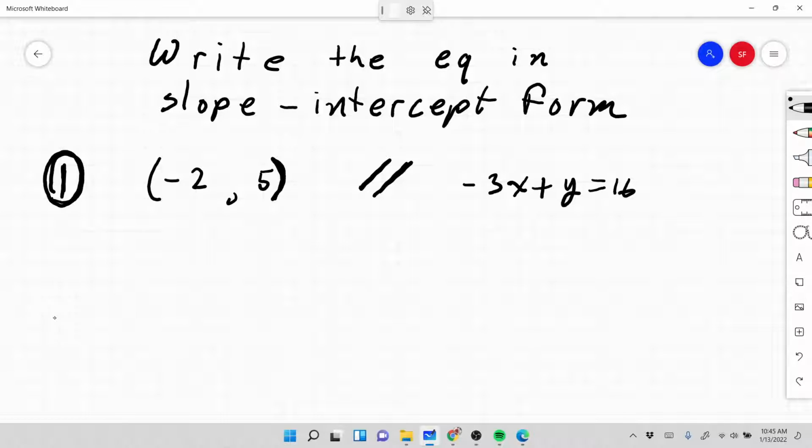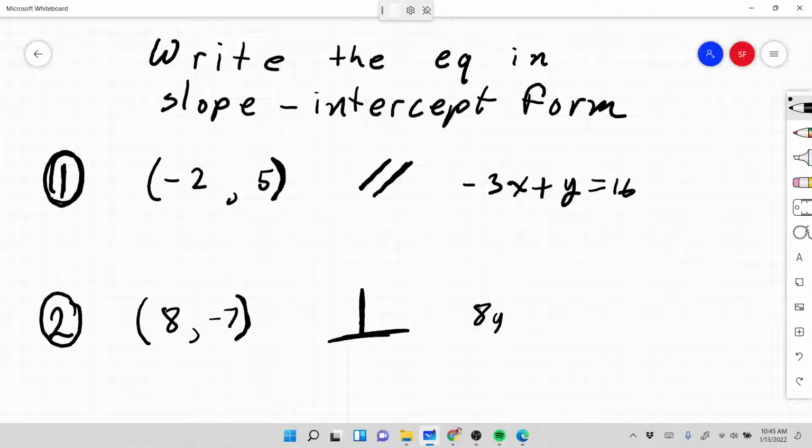And for number 2, we're going to do one that passes through the point (8, -7) and is, you guessed it, perpendicular to the line 8y equals -2x plus 3. Ready, set, go.